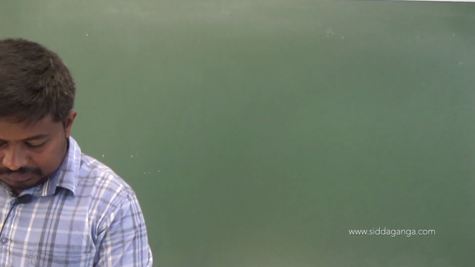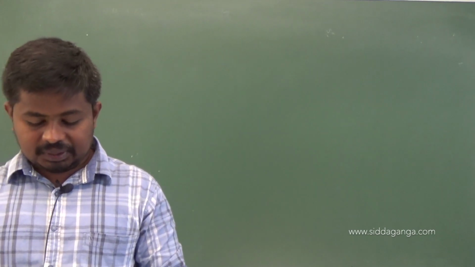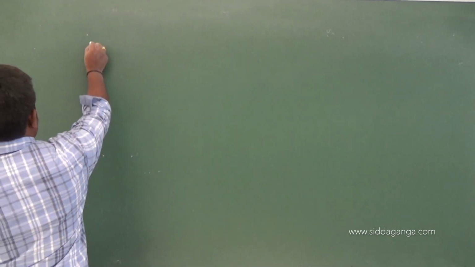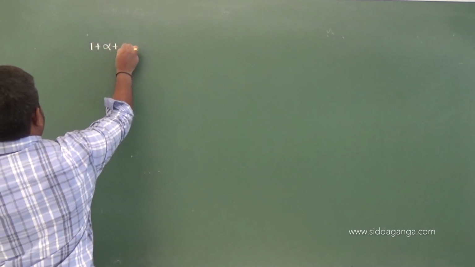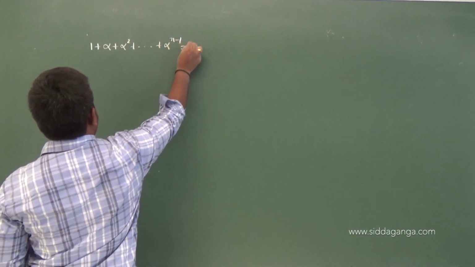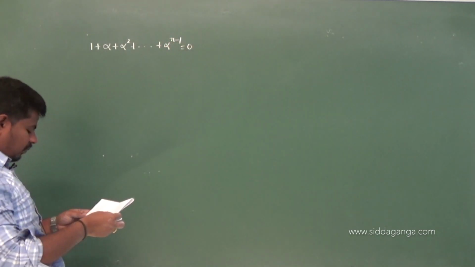Okay, now let's look at some other properties. Sum of roots we have seen, that is equal to 0. So the sum of the roots, 1 plus alpha square and so on, alpha power of n minus 1, is equal to 0. What about the product of roots?